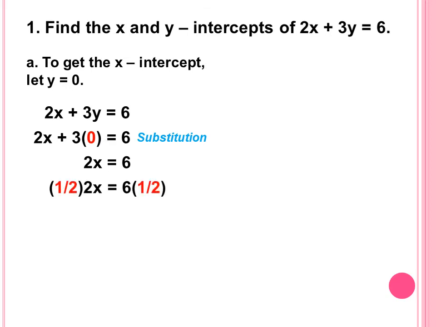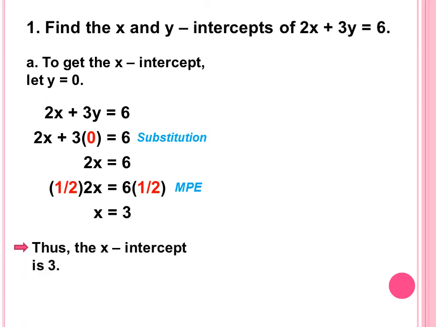1/2 times 2x is equal to 6 times 1/2. So that is by MPE, multiplication property of equality. Let us now simplify. 1/2 times 2x is x is equal to 6 times 1/2 is 3.